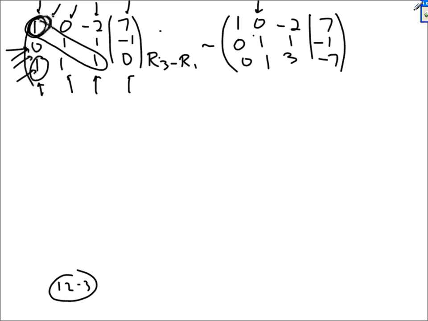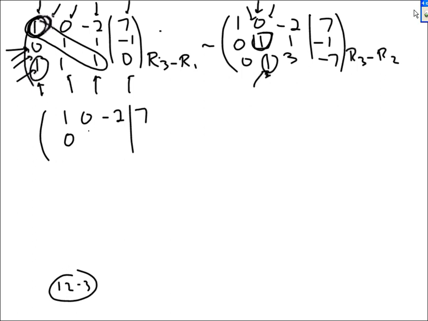Column 2. This is our diagonal entry. I want this to be 0 and that to be 0. Well, first, fortunately, this is 0. So we just have to get this 1 to be a 0. And since they're both 1s, why don't we just do row 3 minus row 2? So row 1 didn't need to be changed.